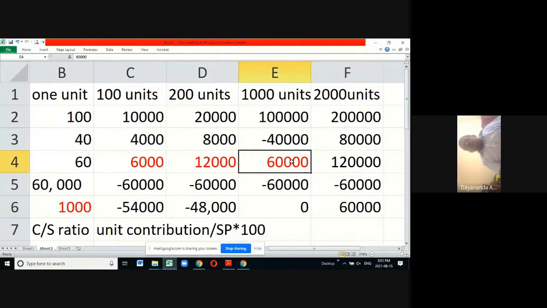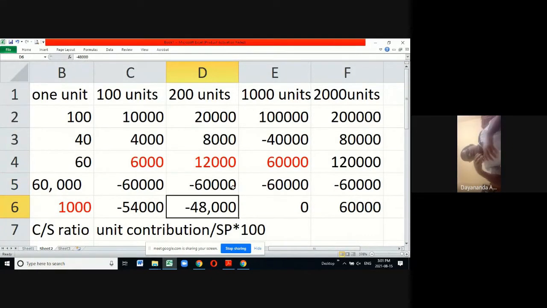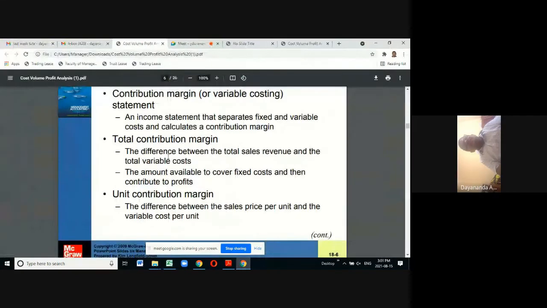Here contribution represents fixed cost but zero profit. Here contribution represents fixed costs minus 60,000 and also a loss of 48,000. So thereby contribution represents fixed cost and profit or loss. That's what the slide says here. These 2 points indicate that particular case.